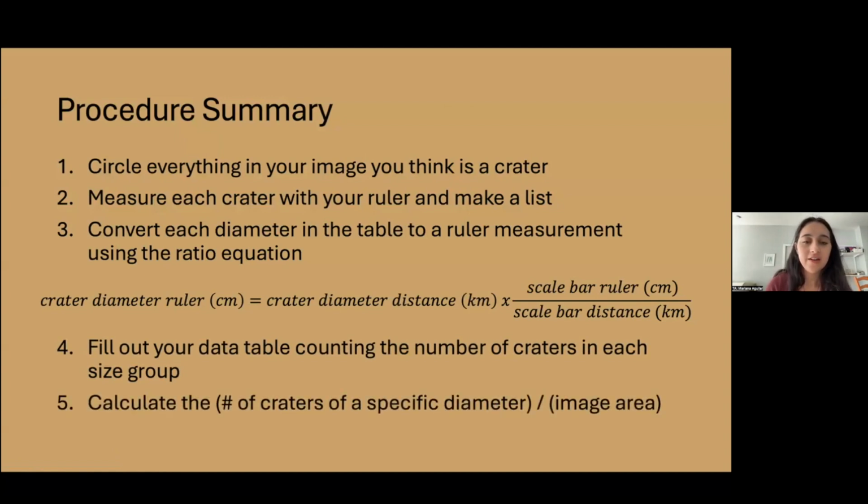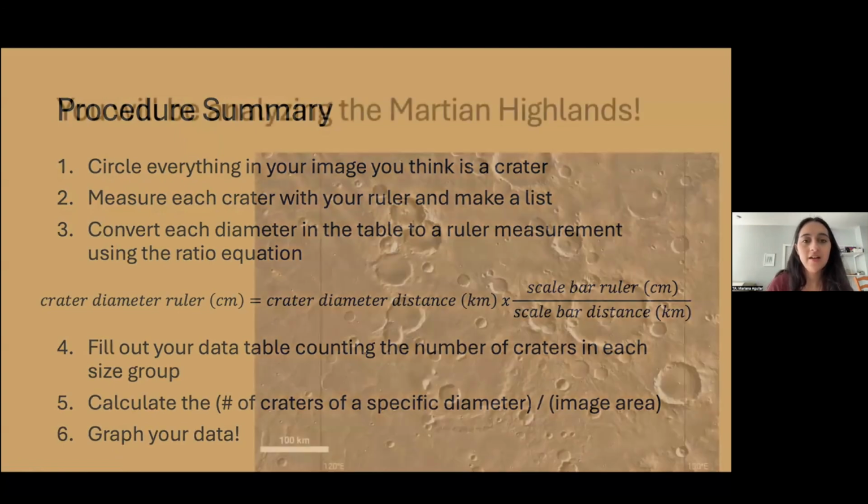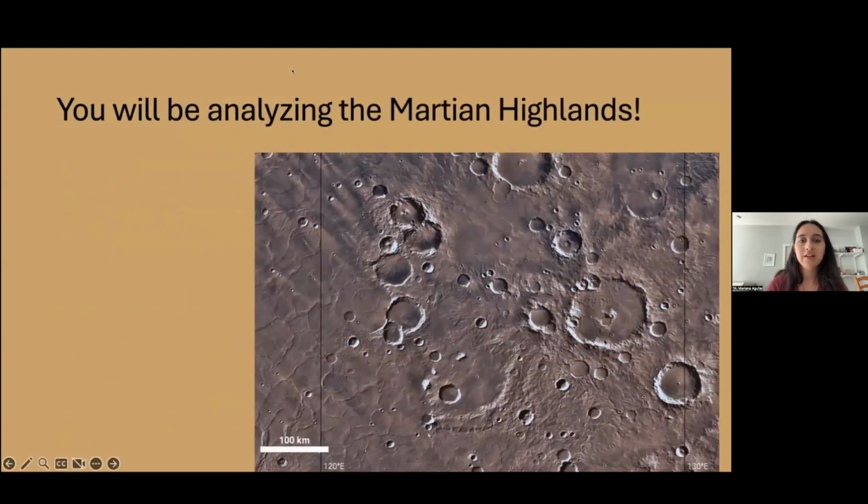Then you'll take the number of craters in a specific size group, divide it by the area, and graph your data, which the TAs will help with. That's the general procedure, and it should be on the paper with your table as well, so you can look over that again. But now you're going to be analyzing the Martian highlands, so the lower hemisphere.